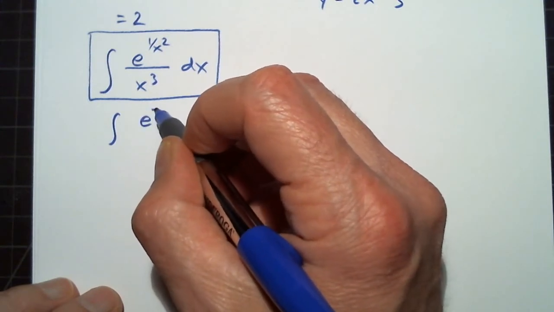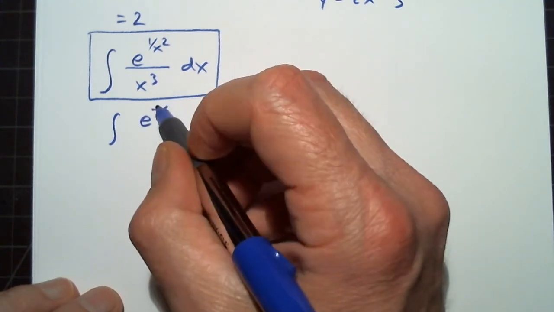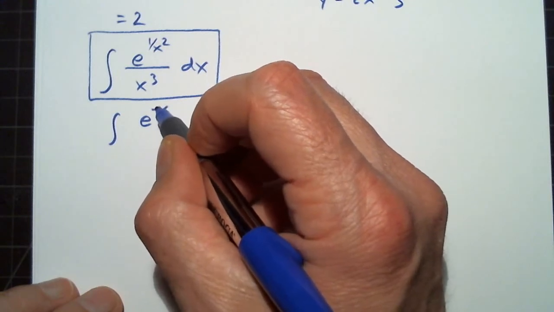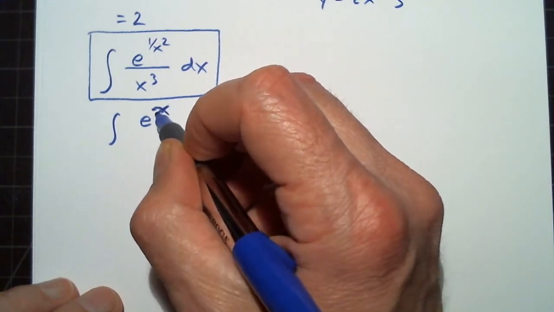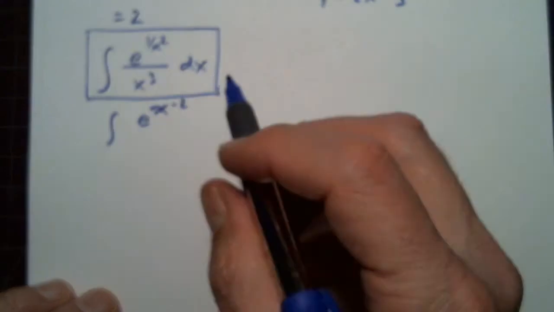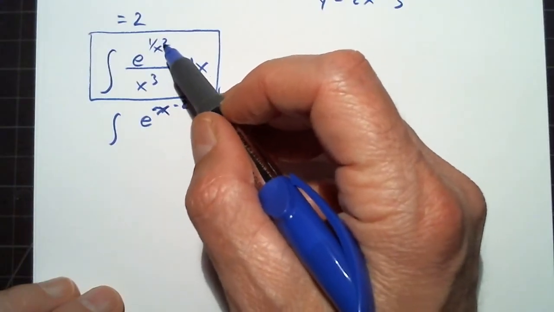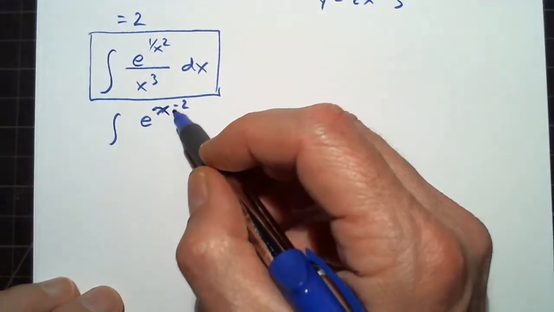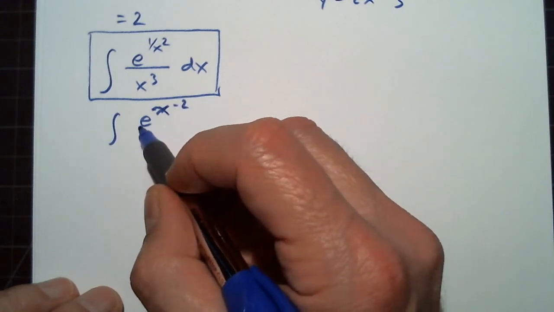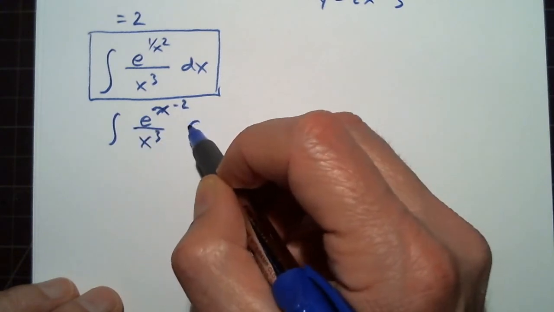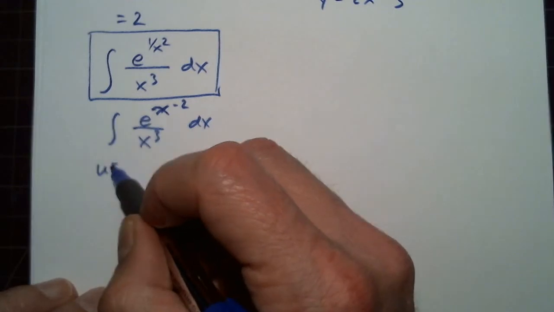E to the x to the negative 2. X squared is in the denominator there. We're going to move it to the numerator, and it's x to the negative 2. X cubed, substitution.